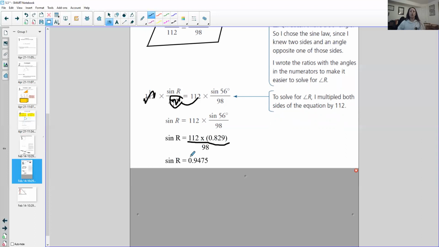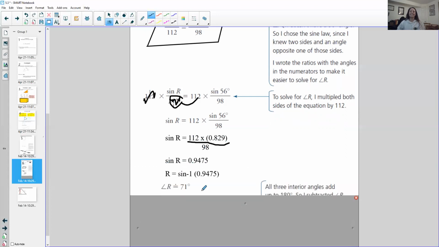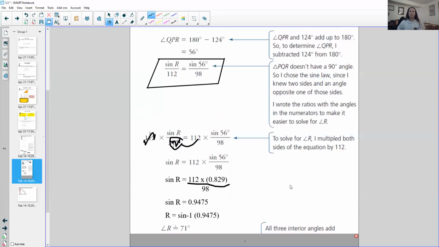In order to get the r by itself, this is very similar to what you did with your trig ratio stuff. I need to take the opposite of sine, which is the inverse sine, and bring it onto the other side. So r will equal the inverse sine of this number, and you should get about 71 degrees. Again, it might be a little off, and the question wanted you to round to the nearest degree. Okay, so let's go back up.